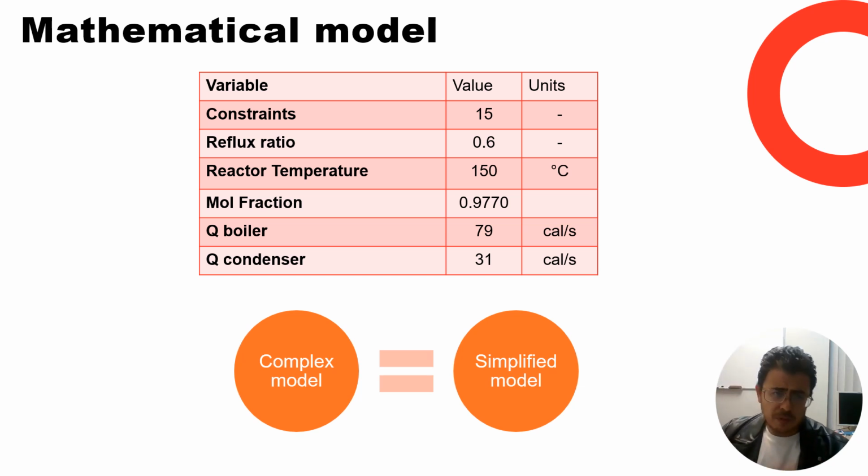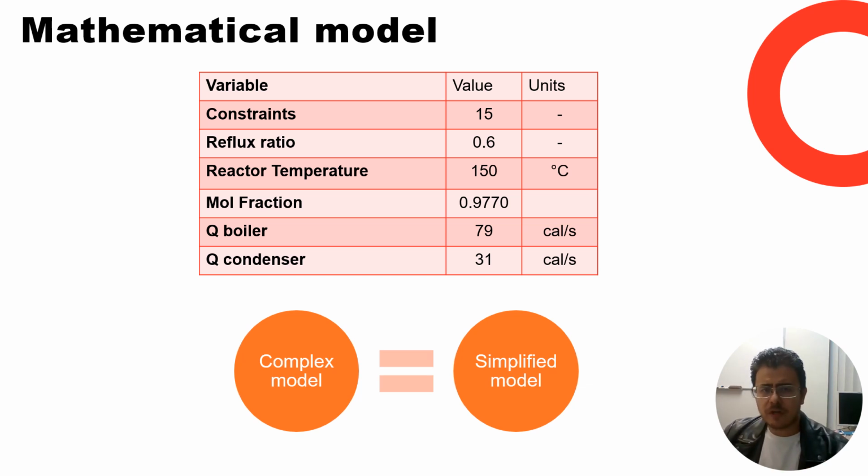We obtain 15 constraints. The reflux ratio is around 0.6. The reactor temperature is around 150. And the mole fraction is almost 98.